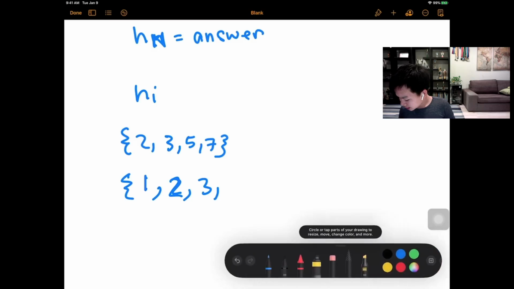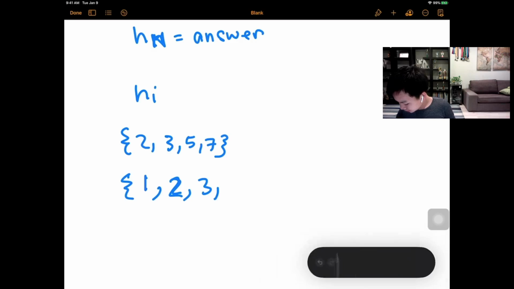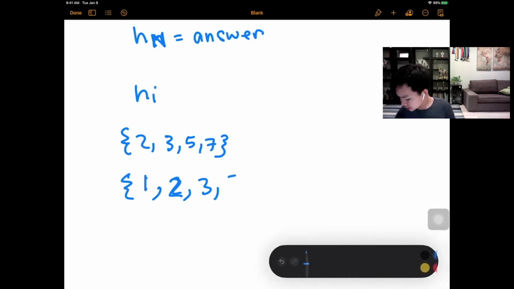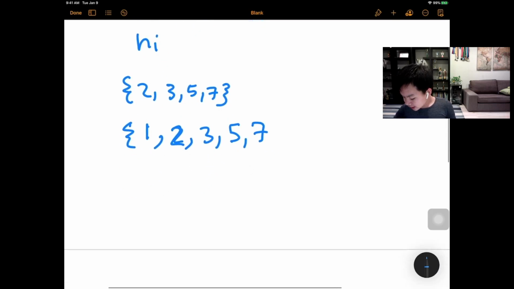Let's say we're calculating, and our next value would be 5 and 7. Let's look at this 2, for example.